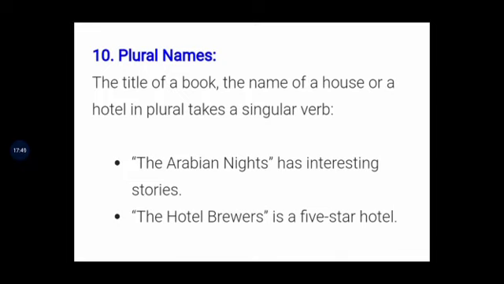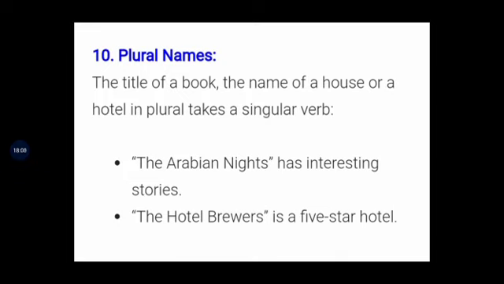It is the plural title of a book, but here we need to take the singular form of the verb. The Arabian Nights has interesting stories. If we say the Arabian Nights have interesting stories, it is grammatically wrong.